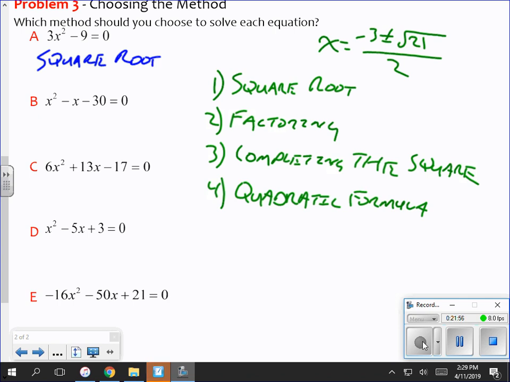On the next one, it is factorable, so I would use factoring on this one. On C, as near as I can tell, it's not factorable. So on C, I would use the quadratic formula.